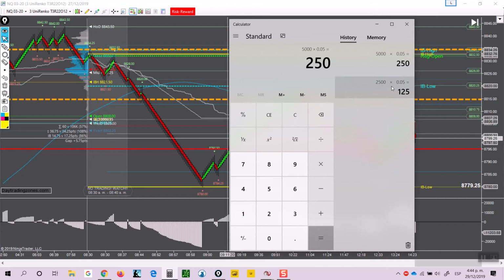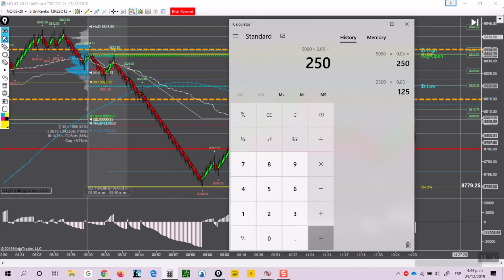I have shown you 2 examples on how to determine that, and then you have to set that on your trading platform as a stop loss. Okay, so that's for the stop loss: risk no more than 5% of your account per trade. Please do that.